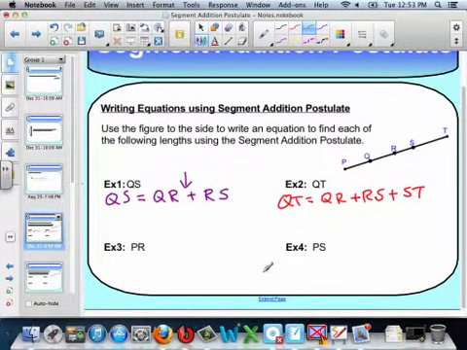Okay, Lindsay, number 3, PR. Oh, that's it. We're trying to get from P to R. So that's PQ and QR, and then we're done.